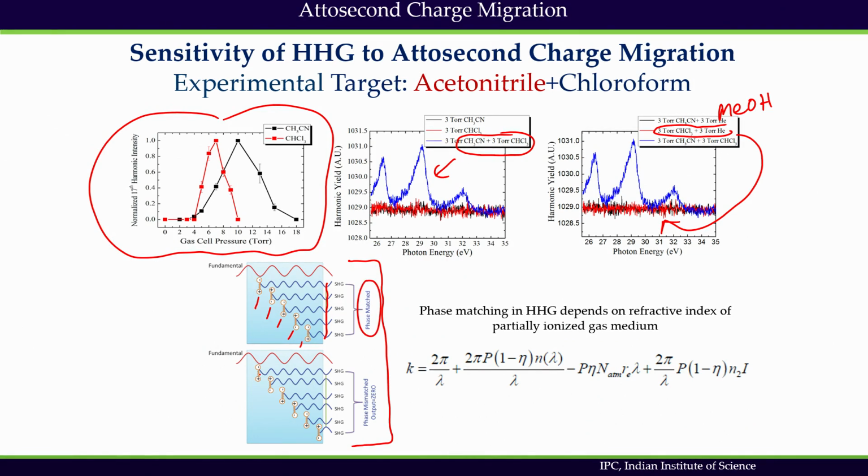But if each dipole is creating a field and the fields are not in phase, they will cancel each other, and I get zero output. So there is a nonlinear effect in the medium, but the output would be zero. In this regime the output would be zero, and in this regime I have some output because I have been able to achieve phase matching.